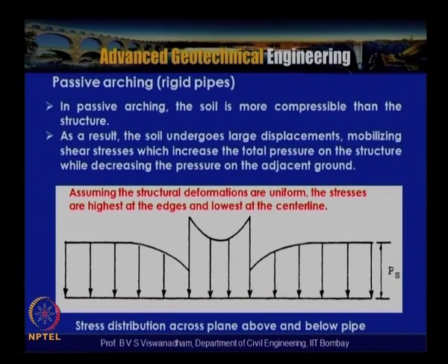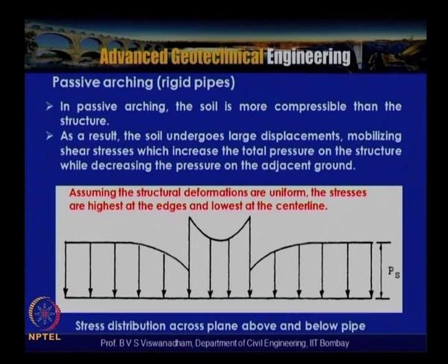And passive arching is predominant in rigid pipes, where the soil is more compressible than the structure. That means the pipe will not undergo any settlement, while the surrounding soil does. As a result, the soil undergoes large settlement, and the mobilized shear stresses increase the total pressure on the structure while decreasing the pressure on the edges and ground.